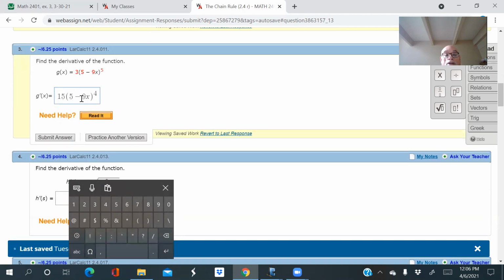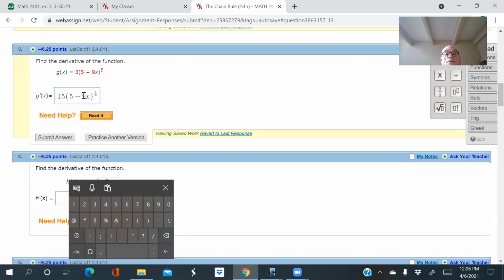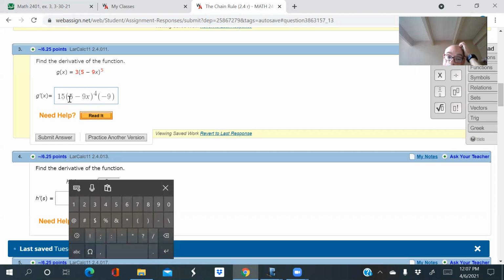That expression inside the parentheses is easy to differentiate. Its derivative is minus 9. So at the end here, I have to remember to multiply in a minus 9. If you want, you could multiply the minus 9 times the 15, and that would give you minus 135. So you could write this as minus 135, but this is also correct.